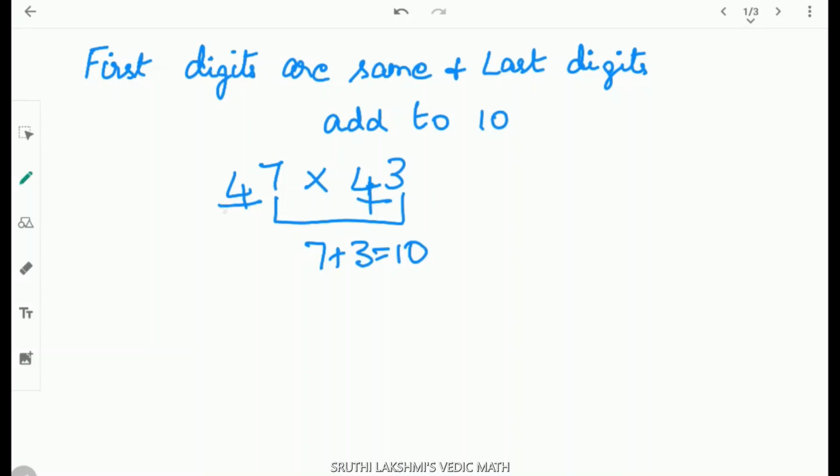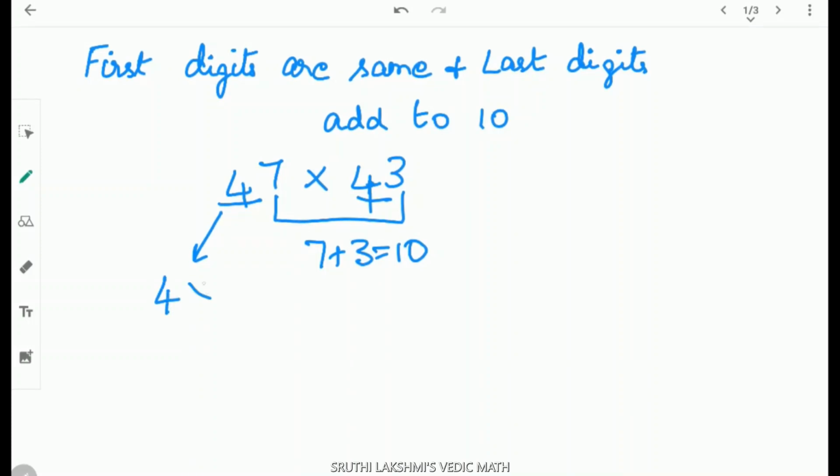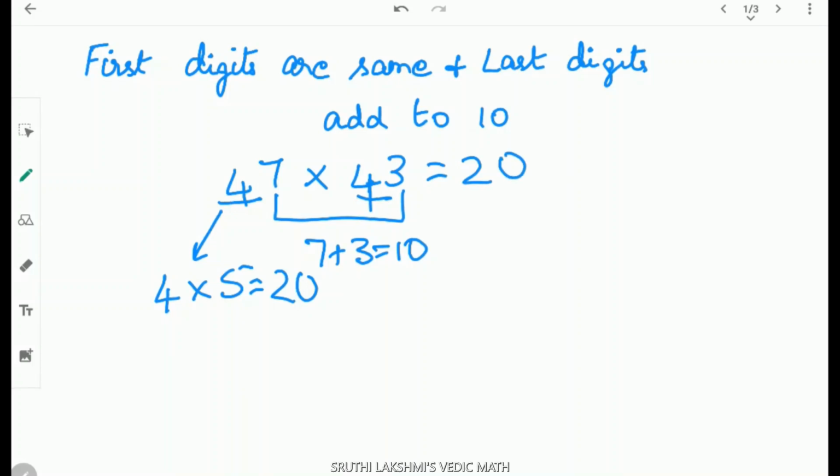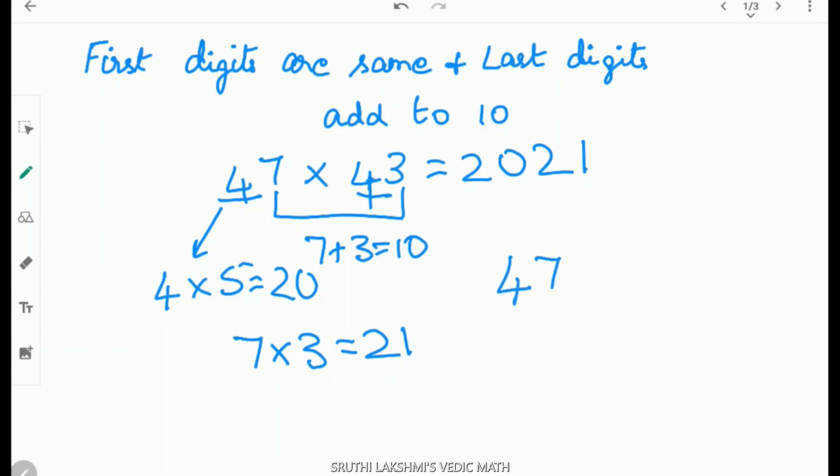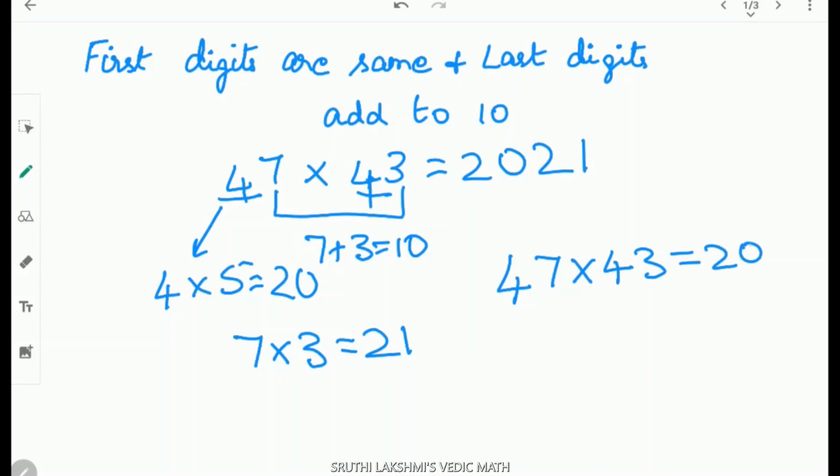The first digit is 4. 1 more than 4 is 5. 4 times 5 is 20. Write 20 over here. Next, multiply 7 times 3, the last digits. 7 times 3 is 21. Write 21 over here. The answer for 47 times 43 is 2021.